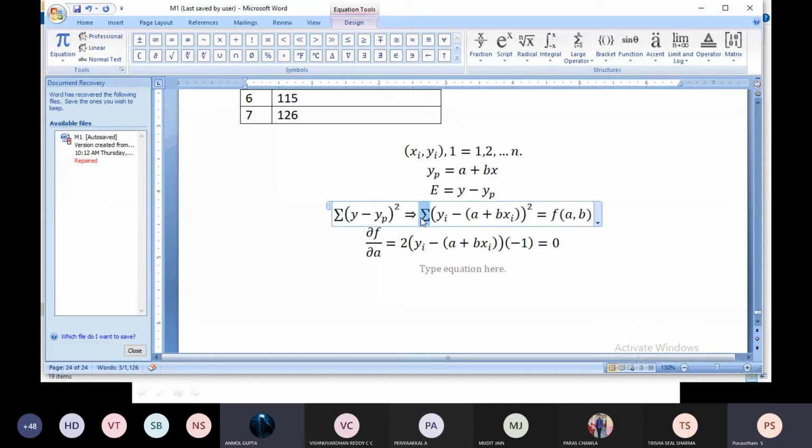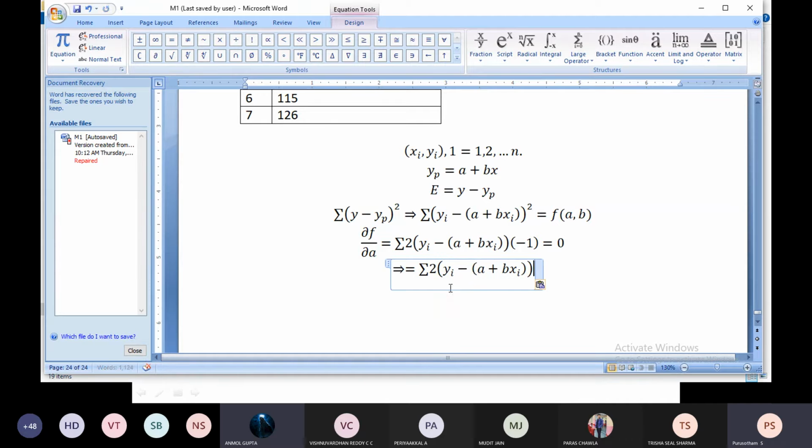The summation is missing here, and I am adding the summation. Sigma yi is equal to, taking this quantity to the right side, sigma (a plus bxi). Yes, sir.